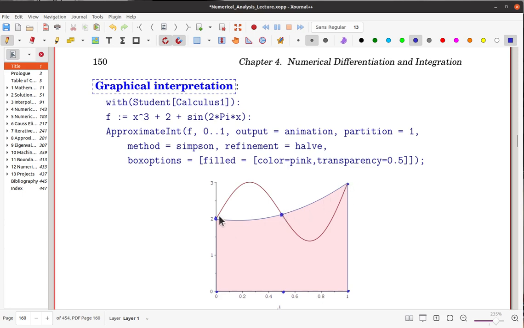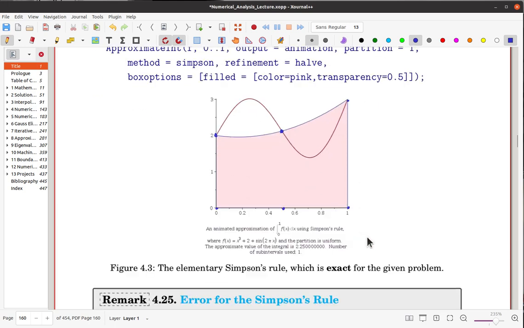The function values of f are here, here, and here. Now the quadratic interpolating polynomial will be this one, so that the result from the integration must be the area of this shaded region. Now the output is 2.25, which is the exact value of the problem.